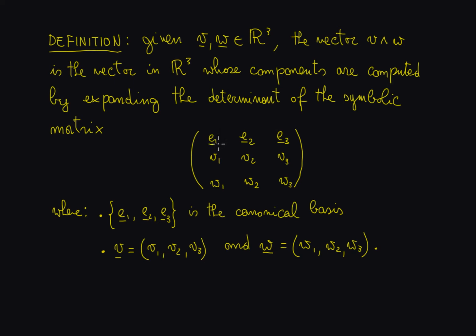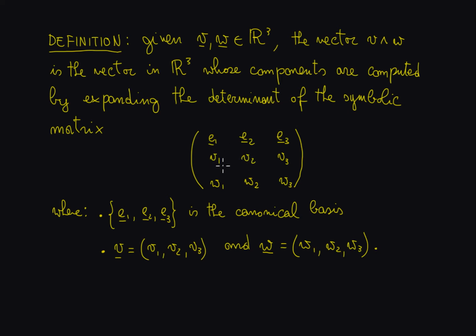This is why we call this matrix symbolic, because the entries are not scalars as we used for defining a classical matrix, but they are just symbols. And these symbols can actually be multiplied together and summed together according to the rules of the determinant. So not all of them can be summed. For example, I cannot sum e1 with v2.